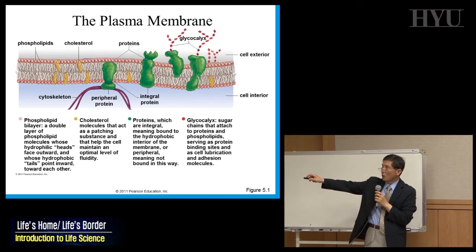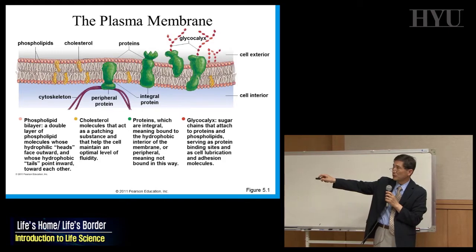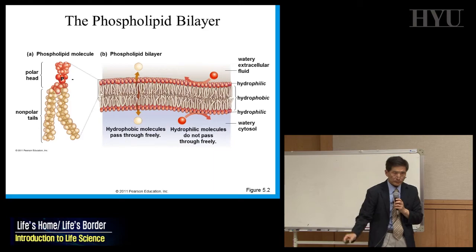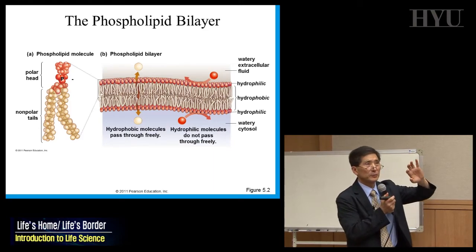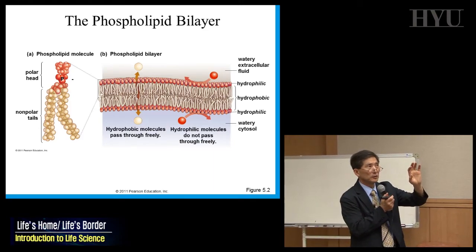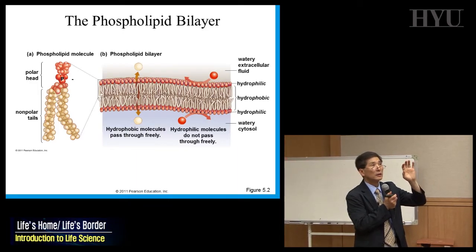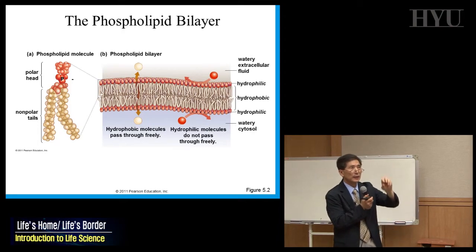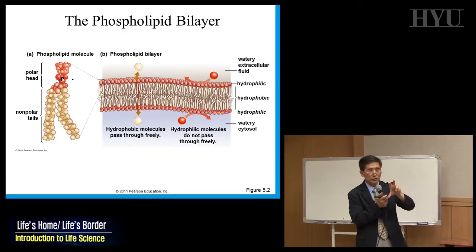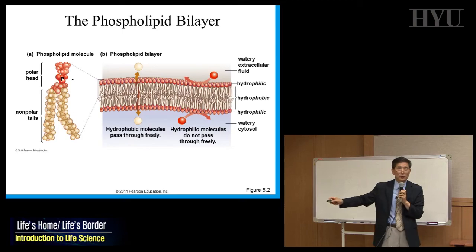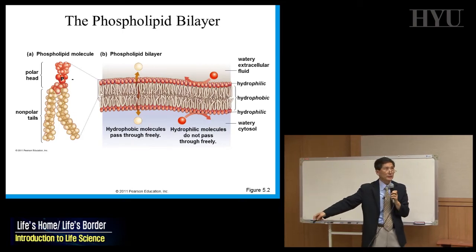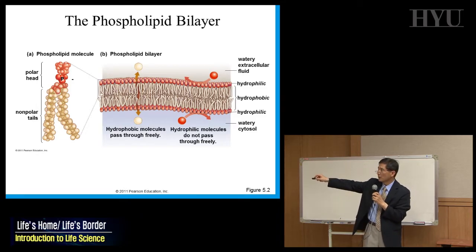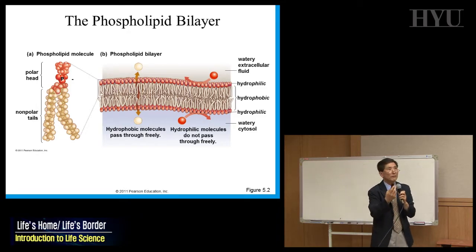So the first thing is how this phospholipid forms this structure. Do you remember? The phospholipids start with what molecule? They start with glycerol, right? Glycerol has 3 carbons, has 3 OH groups, and 2 of them are attached to fatty acids, and the third one is attached to a phosphate group.